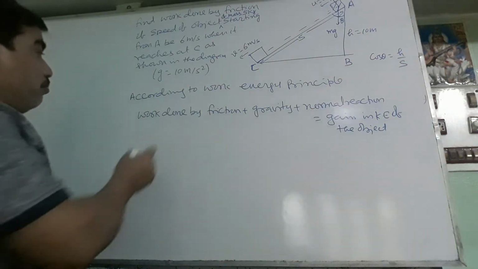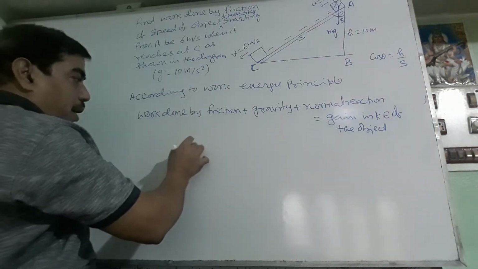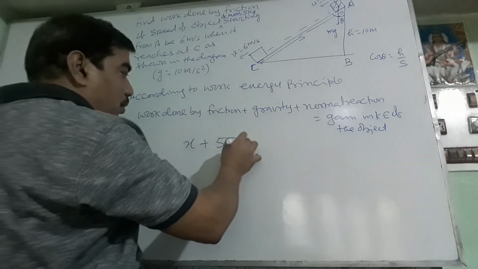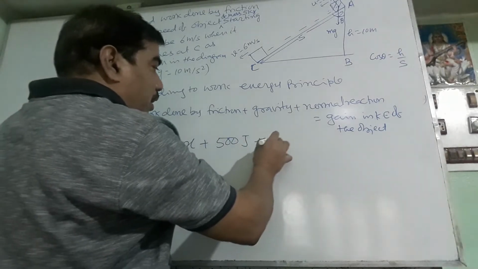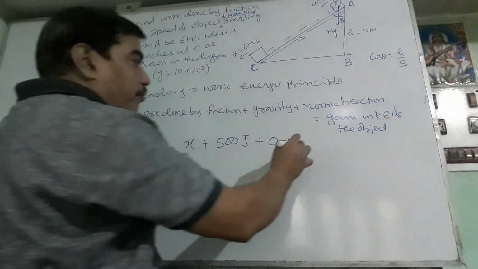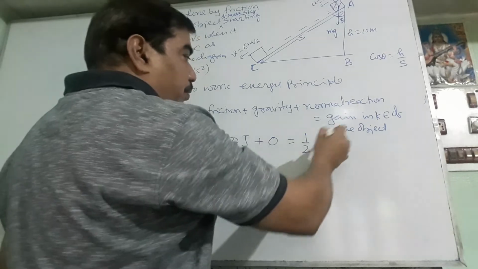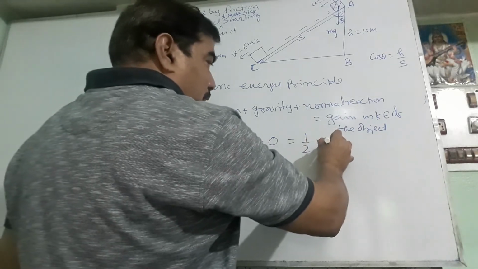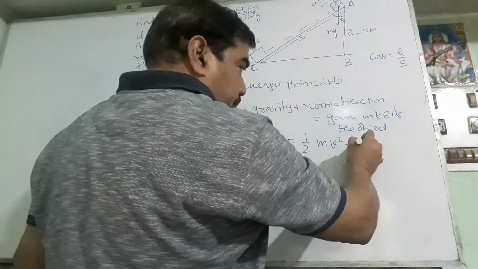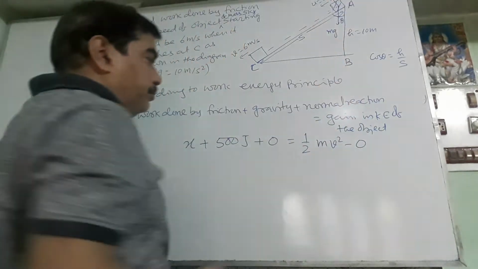Work done by friction, this we have to find. Work done by gravity we have got 500 joule. Work done by normal reaction was 0. This will be equal to half mv square minus half mu square, and u is 0 only.